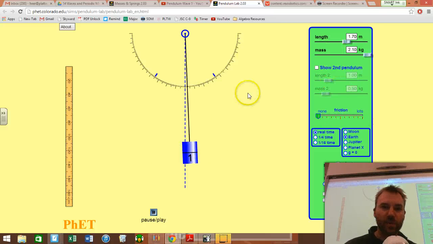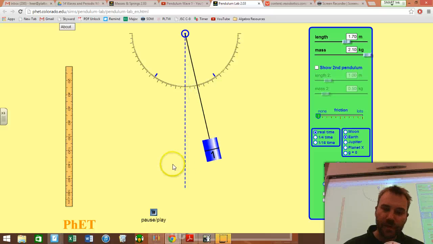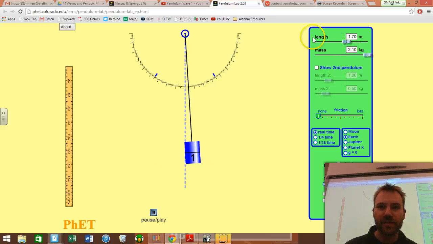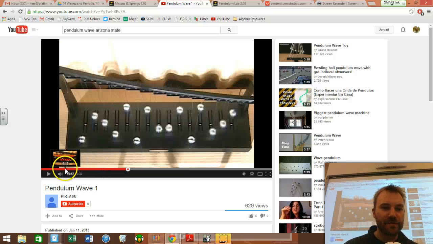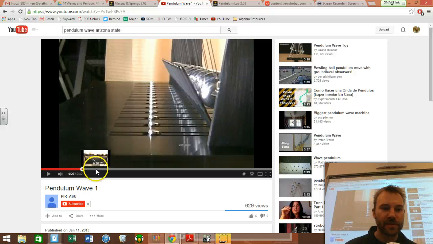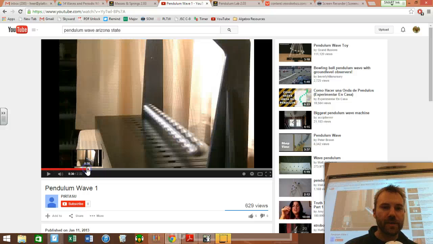Now you maybe have noticed the only way to change the frequency of a pendulum is to change its length. And that's what this video was trying to show you, that some of these pendulums have different lengths. When you look at this thing, let's see if I get a good picture of it. Some of these have different lengths.